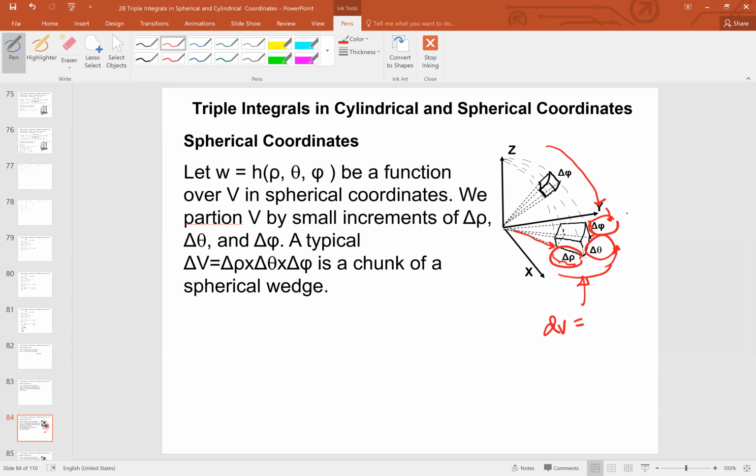Roughly, this volume of this chunk is going to be in terms of these increments. But notice how big this chunk is depends on how far you pitch. If you pitch very little, then this chunk is very small. Think of a wedge of oranges.